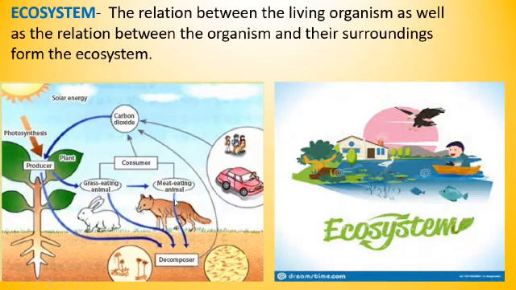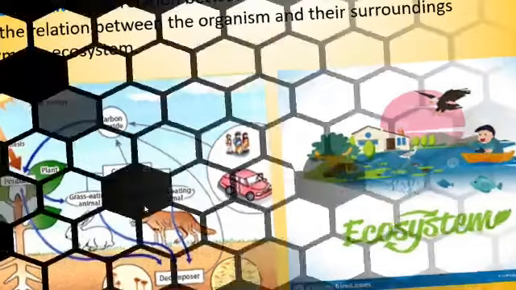Plants are eaten by animals, and human beings are the ones who grow the plants. So we have a relation with each other as well as our surroundings. That is called your ecosystem: the relation between living organisms, meaning plants, animals, human beings, and the relation between organisms and their surroundings, together known as ecosystem.